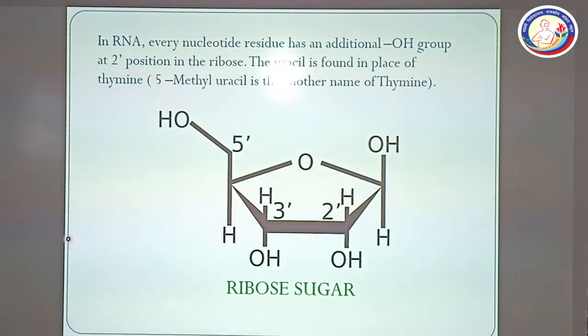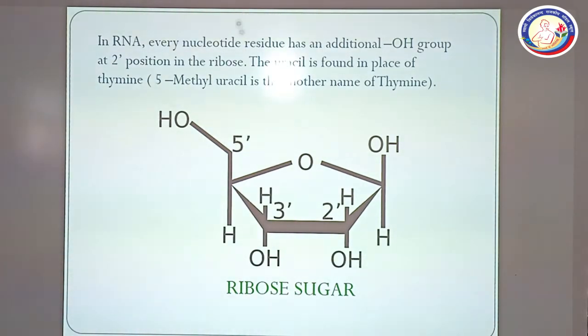In RNA, every nucleotide residue has an additional OH. You can see the structure of ribose sugar here. This is the oxygen. To the right of the oxygen, we give the numbering 1, 2, 3, 4 and 5. And this is the 2 prime carbon. The presence of OH makes it ribose sugar, which is active.